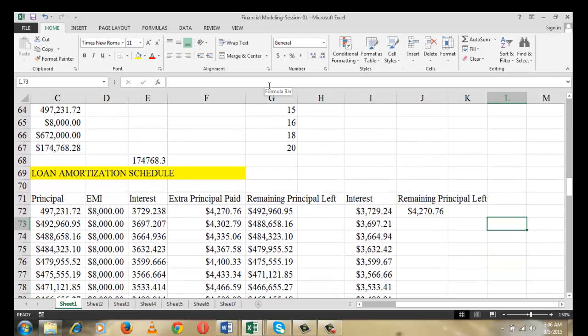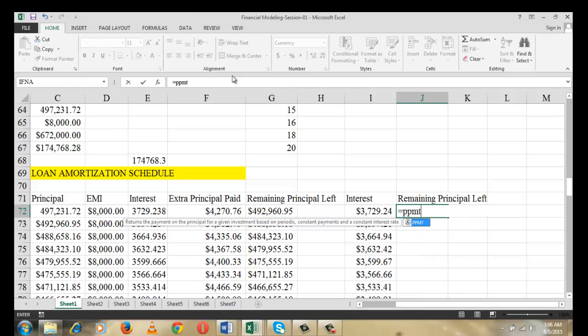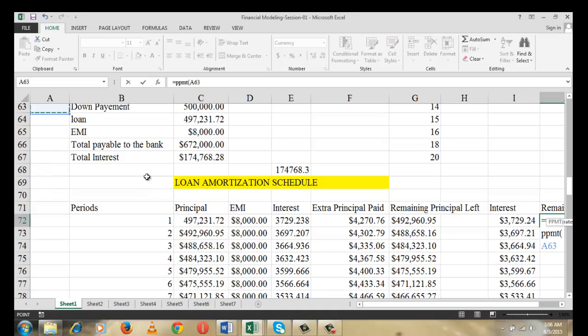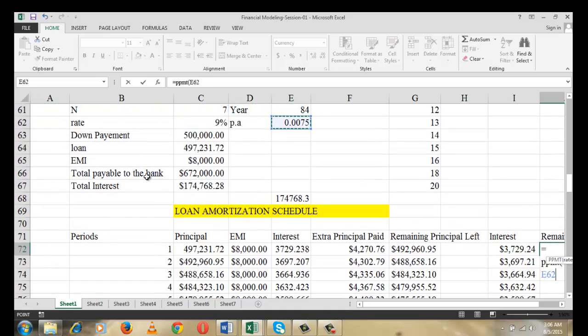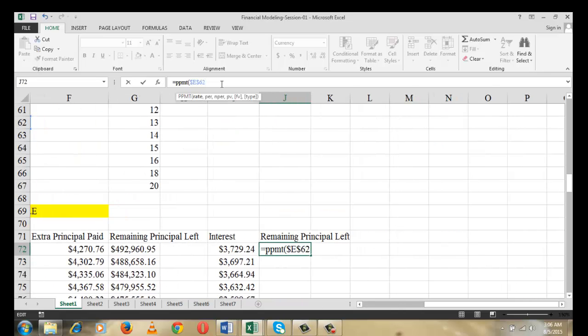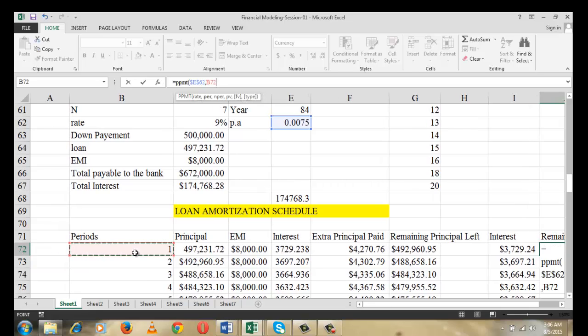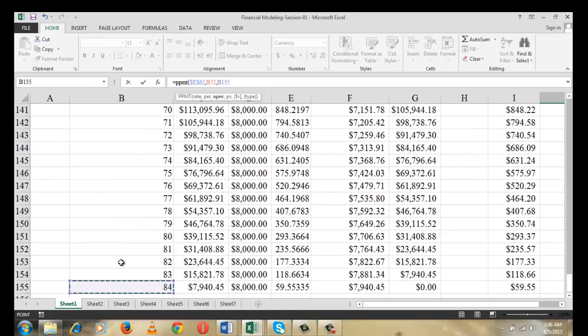Remaining, we need to fix this cell. Write PPMT, rate. When you write the rate, fix this cell. PER would be 1, comma, and NPER is the last cell, 84.